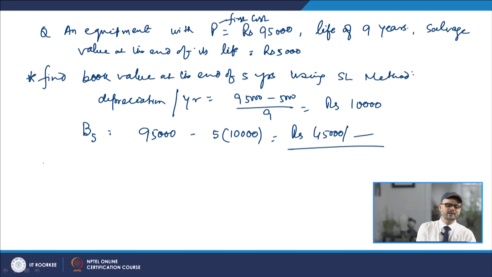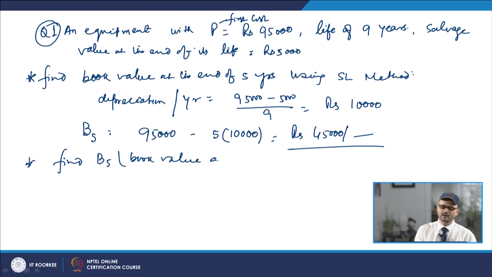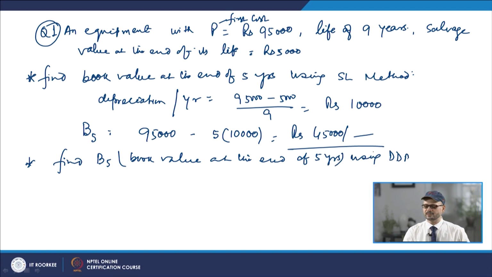Now, related to question 1, you may be asked to find the book value at the end of 5 years using the double declining balance method. So find B5, the book value at the end of 5 years, using the DDB method.